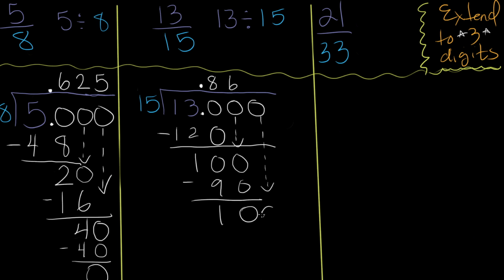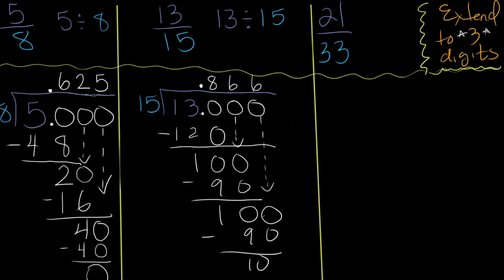Okay, and you'll notice something interesting here. We have 100 here, and then we also had 100 here, so we know this is going to be another 6. And this is just going to keep repeating on and on. 6 times 15, that's 90. We get a 10, we could bring down another 0. It's going to be 0.866. Okay, and this will just repeat with 6's. So 13 divided by 15 is 0.866.